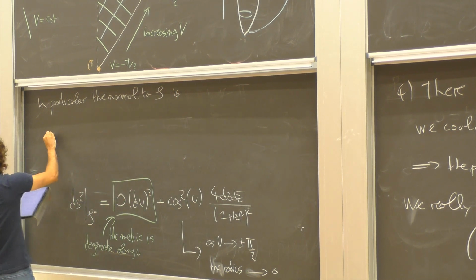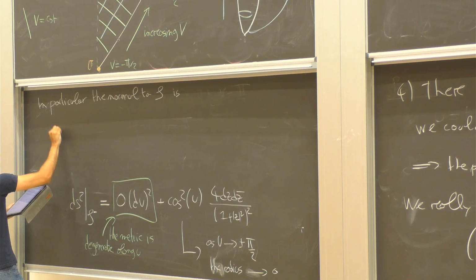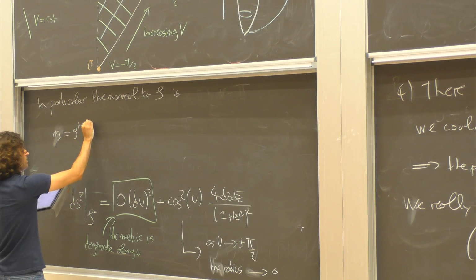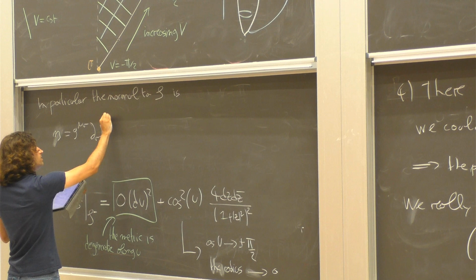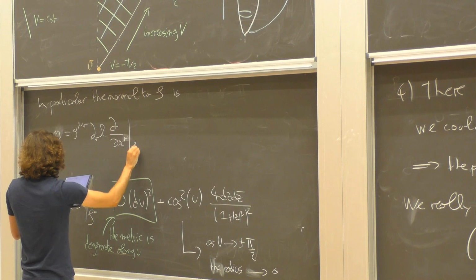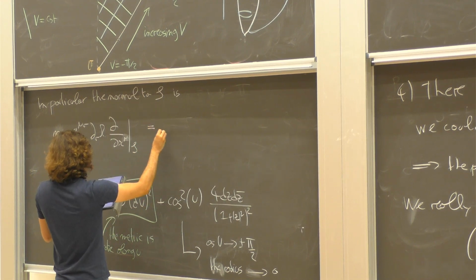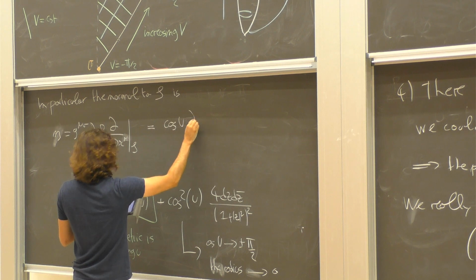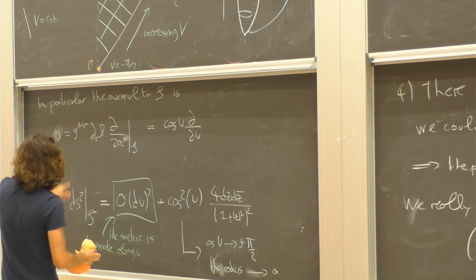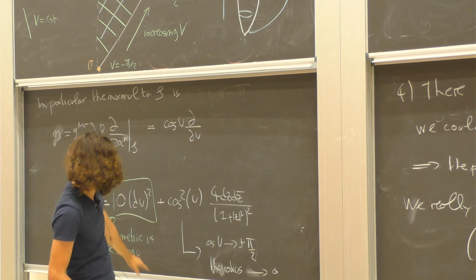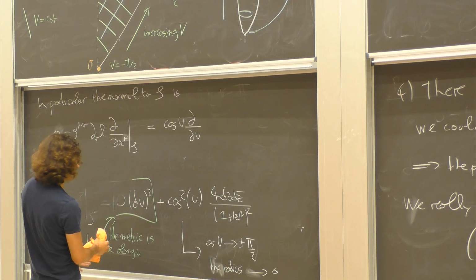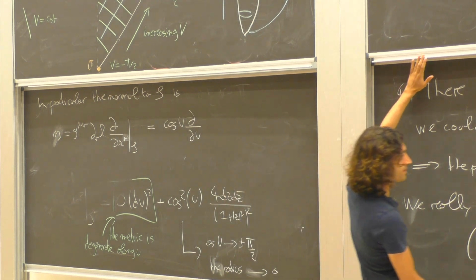So the normal to scri is this object: n is g mu nu, d nu omega, g over dx mu at scri, equal to cos of u g over du. And this guy is also defined up to f squared. So this is the metric. Yeah, so let me keep the metric here. Let me erase that one.